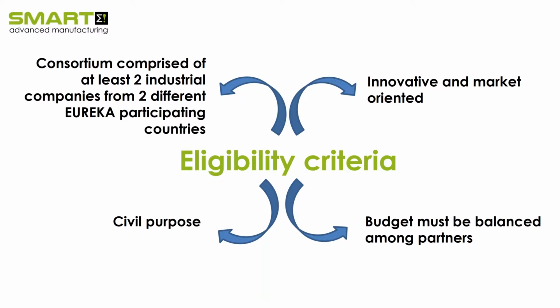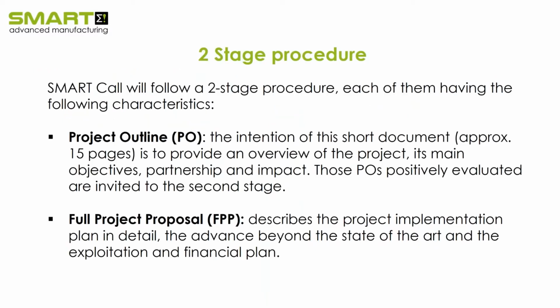The budget has to be balanced between the partners. That means that no partner, no country can have more than 66% of the total budget. This is another eligibility condition in order to have a more balanced, more distributed activity and effort in the project. So these are the 4 eligibility criteria that all the proposals have to follow in SMART.